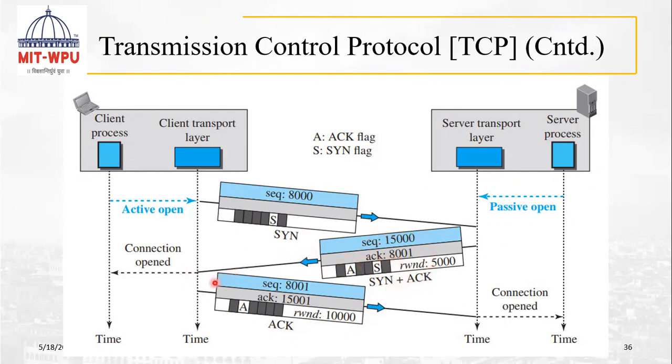Then this is the three-way handshaking. You are sending an acknowledgement to the acknowledgement. And that's why you are not setting the SYN flag here, because this is now the second or third packet in the communication. So we are not setting the SYN flag to 1, but this is an acknowledgement to an acknowledgement, so you are setting the acknowledgement flag to 1.